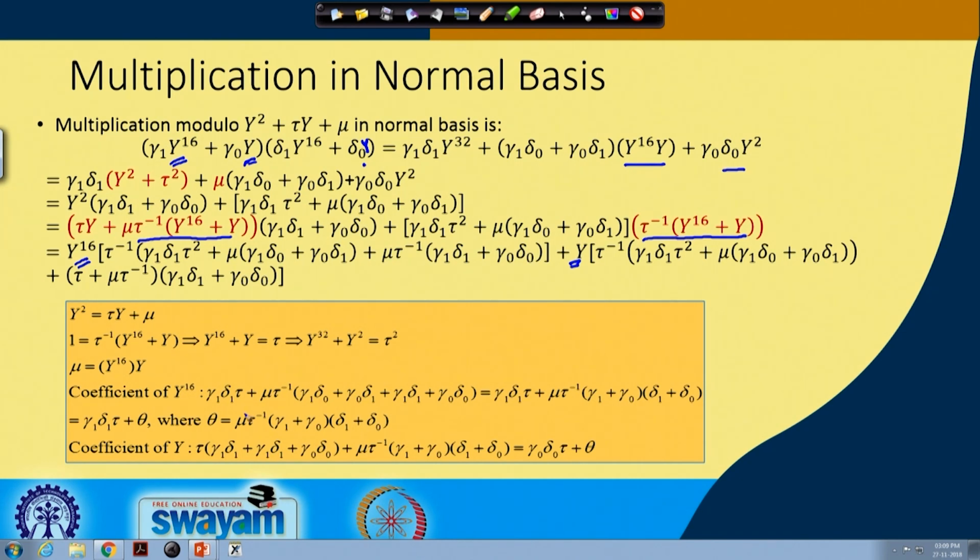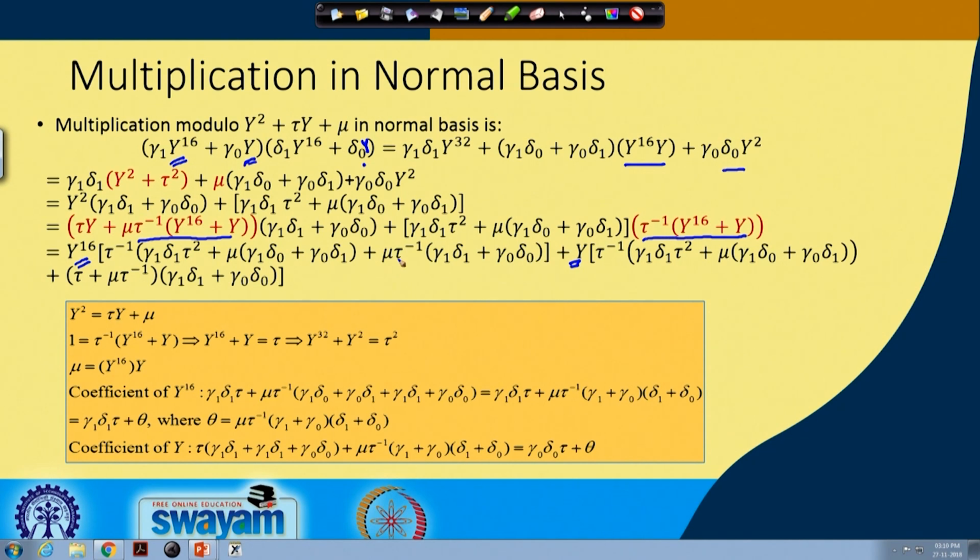You can actually make some more simplification. For example, the coefficient of y power of 16 is written here as, if I just multiply, for example, tau inverse with tau square, I will get tau. So that is gamma 1 delta 1 tau plus mu tau inverse with this part, which is gamma 1 delta 0 plus gamma 0 delta 1. This is this part. Okay. And then I add it with this part, that is I just keep on doing the same thing, and I have got mu tau inverse.